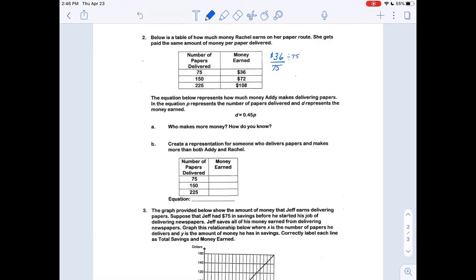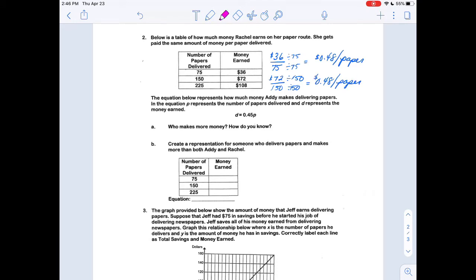Find that unit rate by dividing 75, top and bottom, and you should come up with 0.48 per paper. In fact, it shouldn't matter which one I take. I will constantly get that same rate of change on what she's earning. Again, 48 cents per paper.